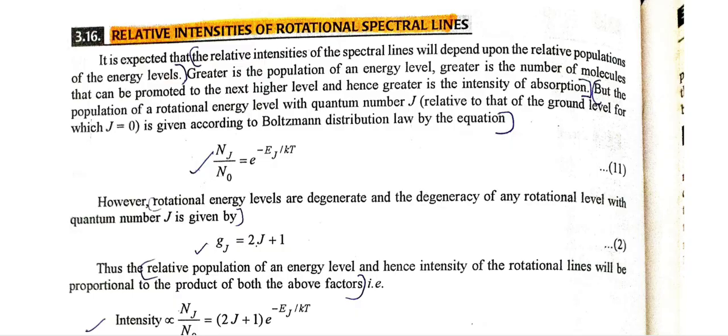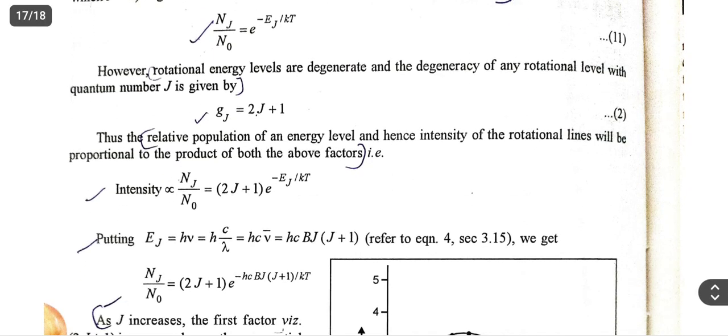But the population of a rotational energy level with quantum number J, N_J/N_0, is equal to e^(−E_J/kT). Rotational energy levels are degenerate, and the degeneracy of a rotational level with quantum number J is given by g_J = 2J+1.